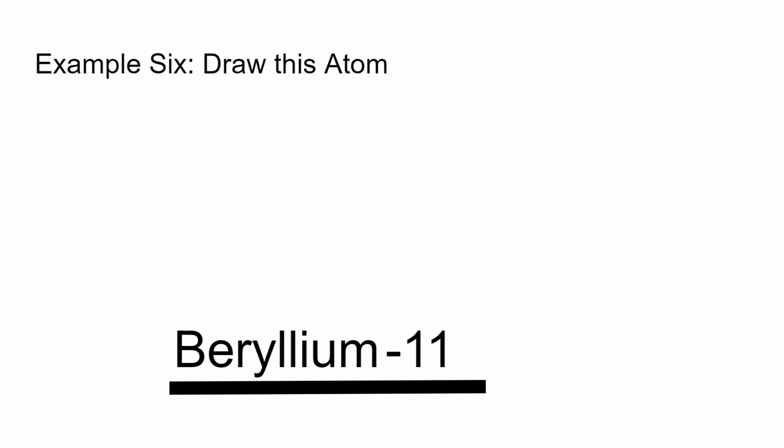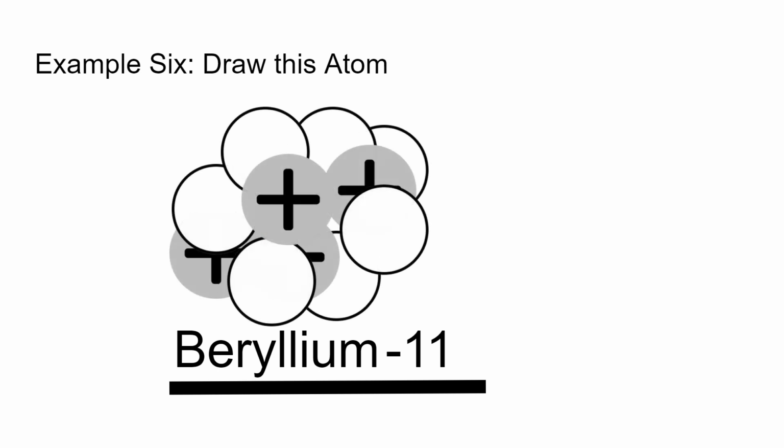Let's do a final example. Go ahead and draw this atom in your notebook. This is beryllium 11. Beryllium 11 looks like this. First, what is beryllium's atomic number? It is going to be 4.